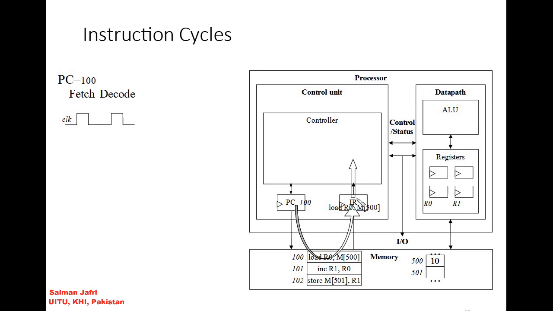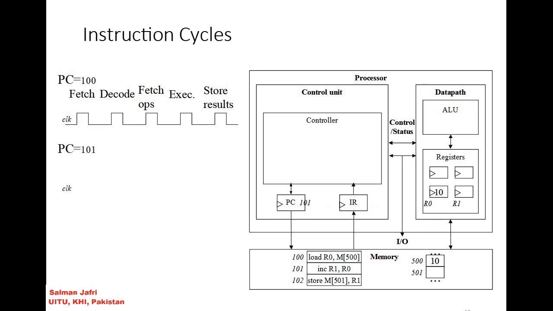As a result of decode, we find the meaning of this instruction, and after that we execute fetch operands, which fetches the memory contents of location 500, which is 10, from this memory location into the register R0 as has been specified in the instruction. There is no execute phase in this instruction, so nothing happens. No store results, so nothing happens. And our program counter now is pointing to the next location, which is 101.